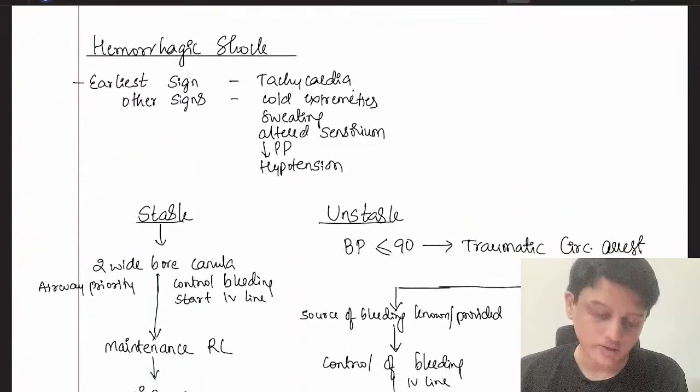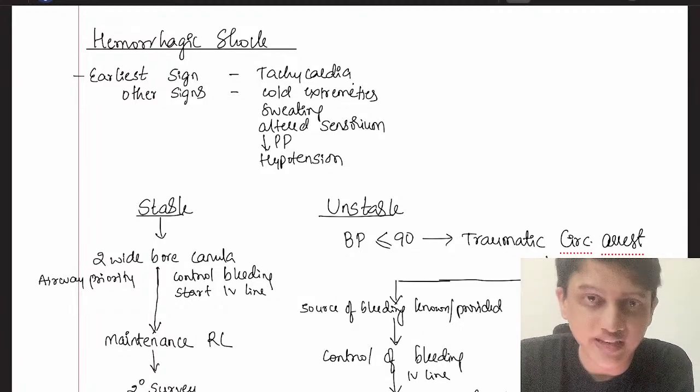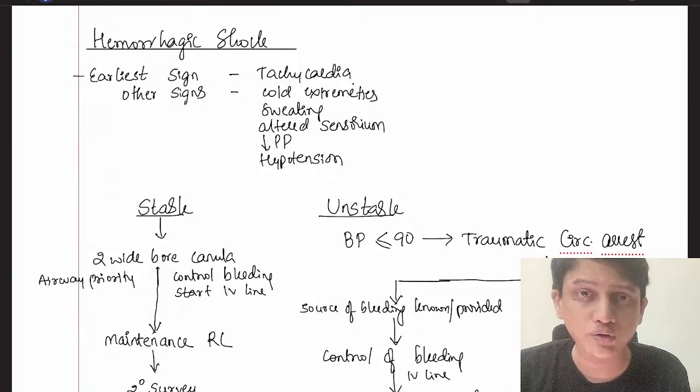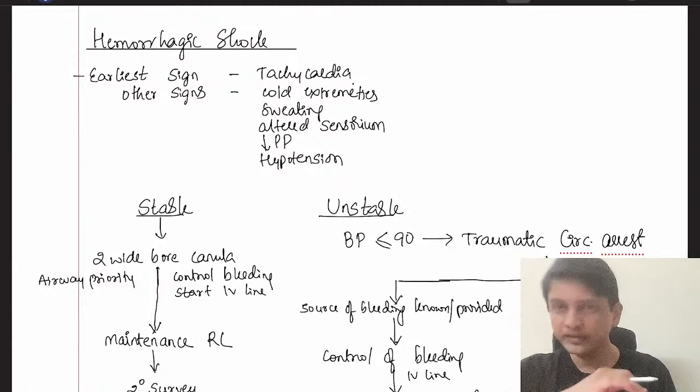So, next, some things you should know about hemorrhagic shock. The earliest sign, I told you, is tachycardia, and the other signs with which a hemorrhagic shock patient may come to you are cold extremities.